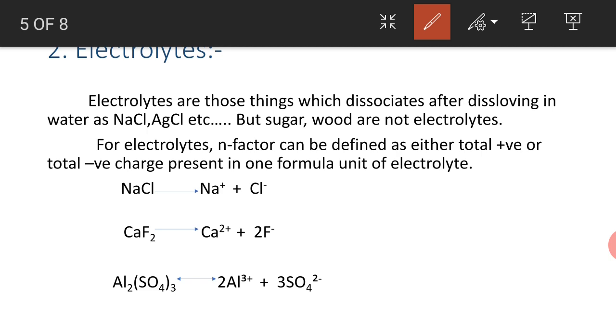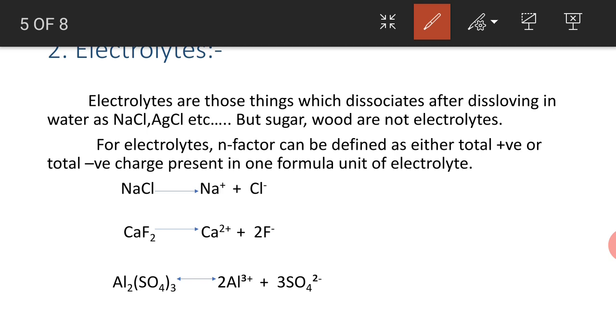For example, NaCl and AgCl are electrolytes, but sugar and wood are not, because when we dissolve sugar, it dissolves but does not dissociate. That's why we can't call sugar an electrolyte. Same as wood, it also does not dissociate in water.